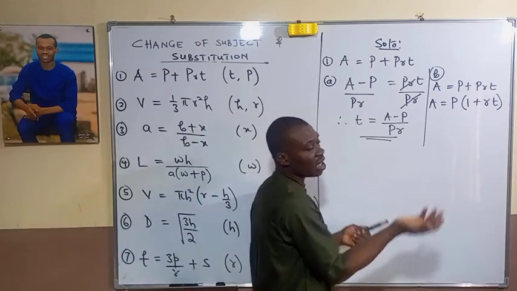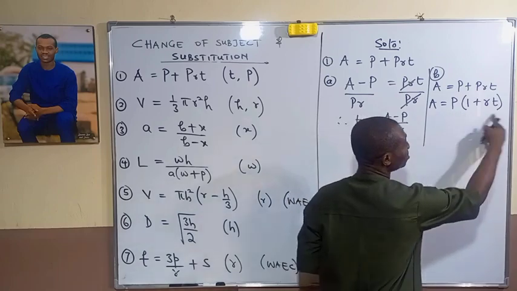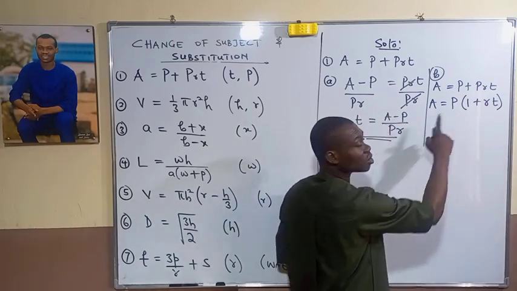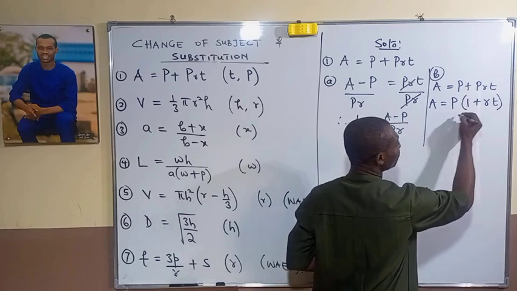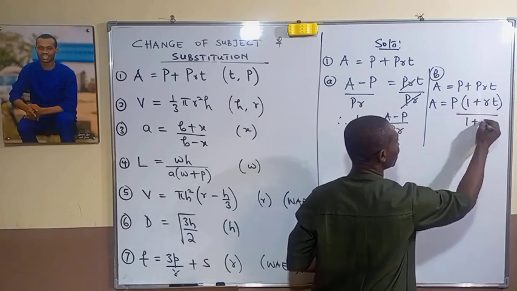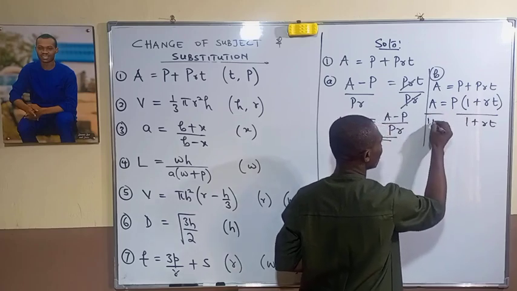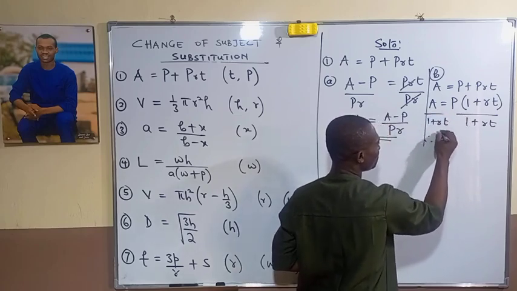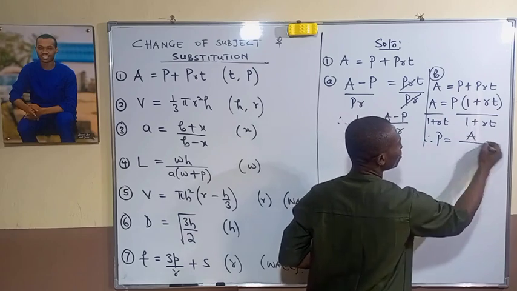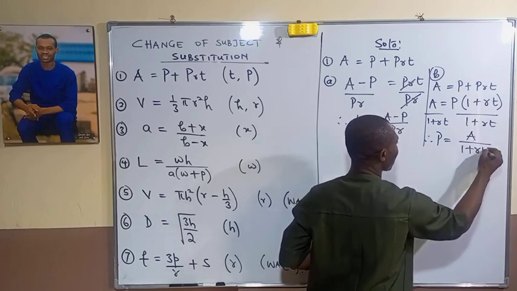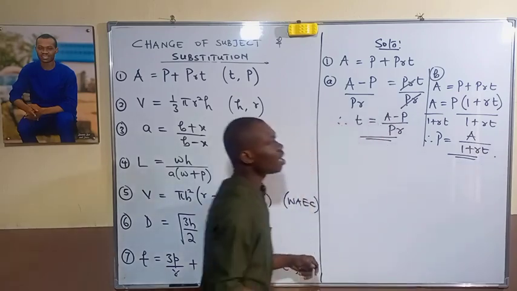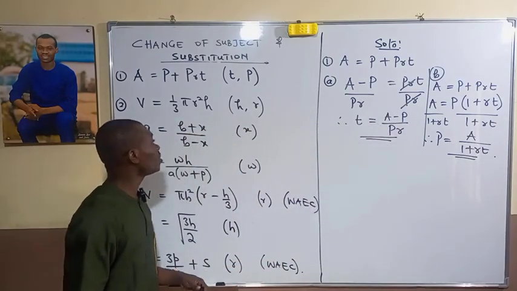So you can see now it's a product and my P is just 1. All I need to do is divide both sides by the coefficient here. Therefore, my P alone is simply equal to A all over 1 plus RT, and that is the solution for that.